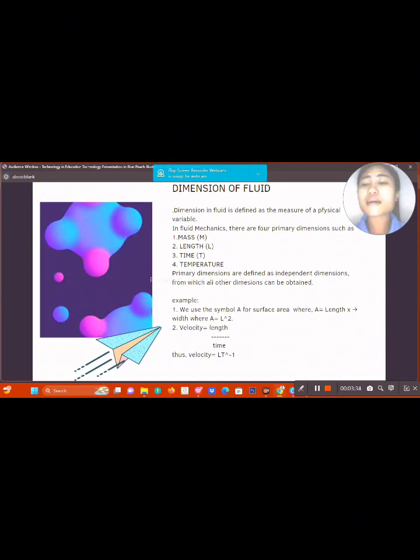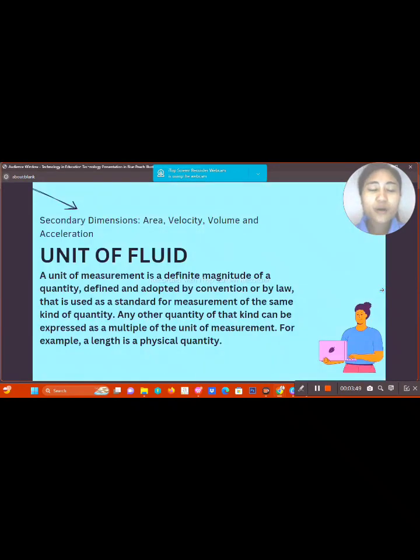It's because time is our denominator, and any dimension placed below is negative. We also have the secondary dimensions, such as area, velocity, volume, acceleration, and more. However, these secondary dimensions are the most used dimensions.